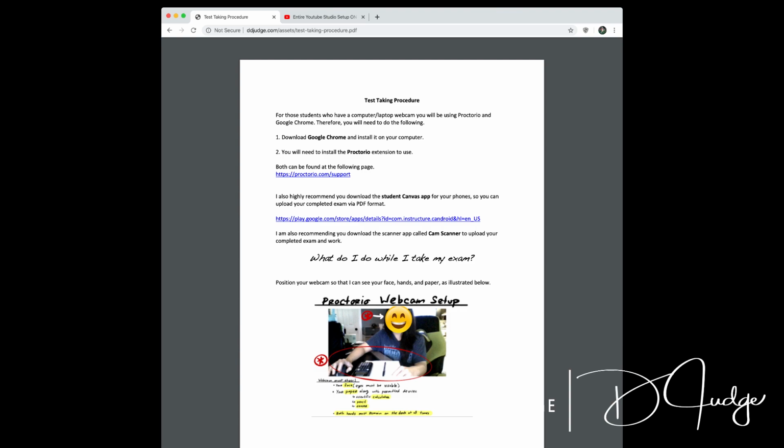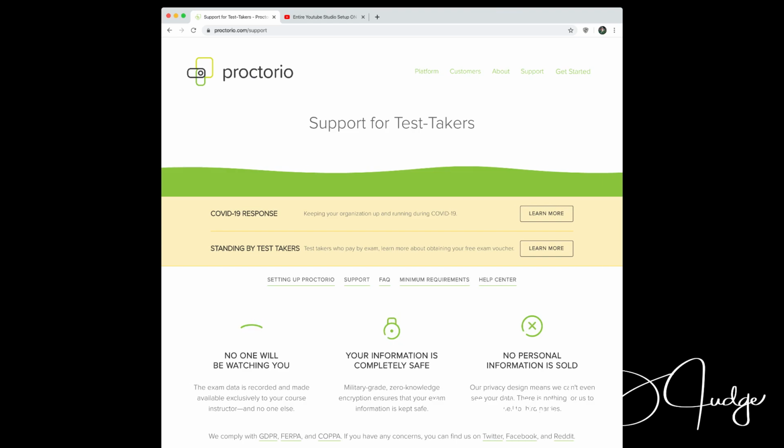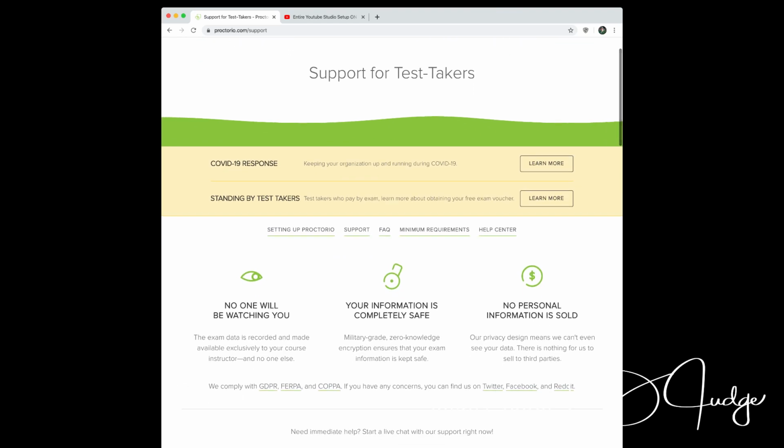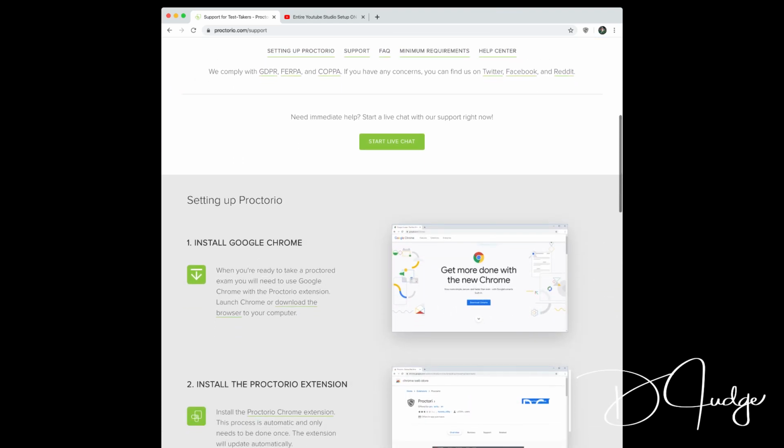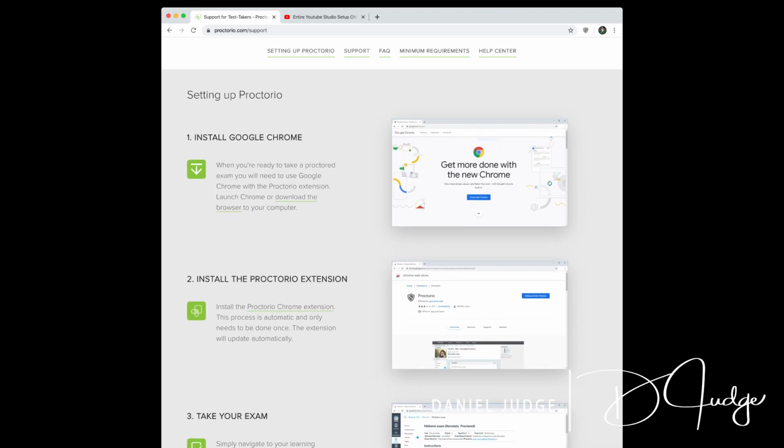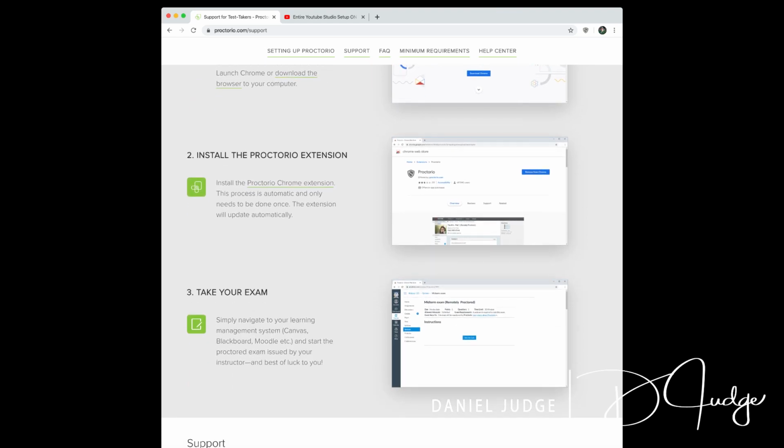So I'm going to put this up and say, here we go. So you guys can get some information here about what you need to do and what you need to install. Okay, you got Google Chrome, the Proctorio extension, and how you take your exam.